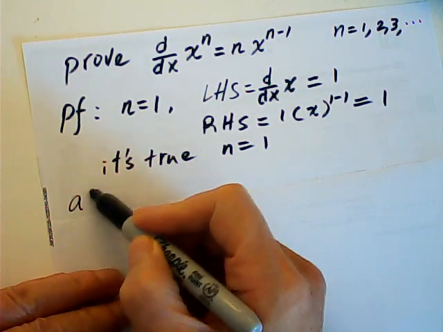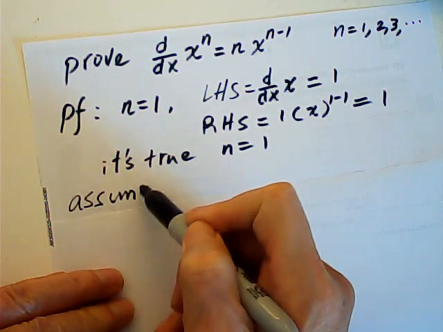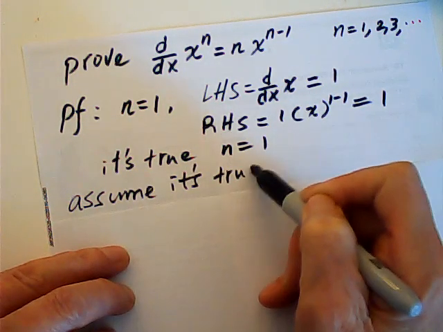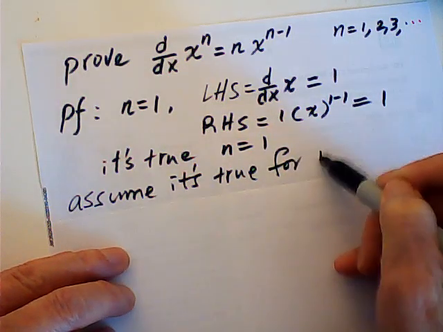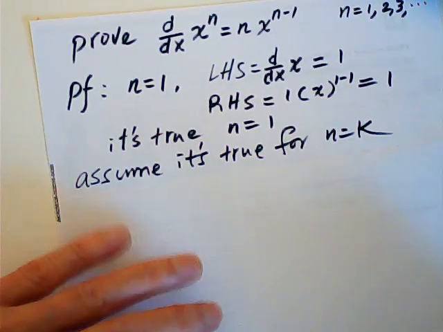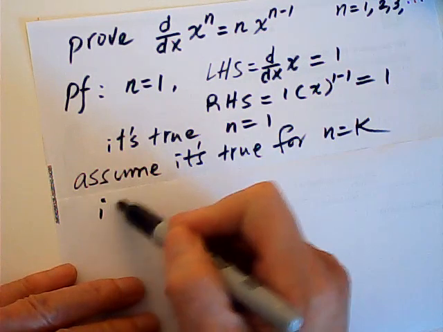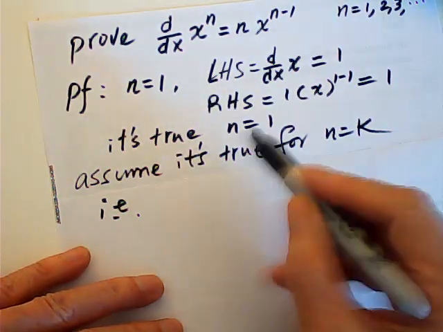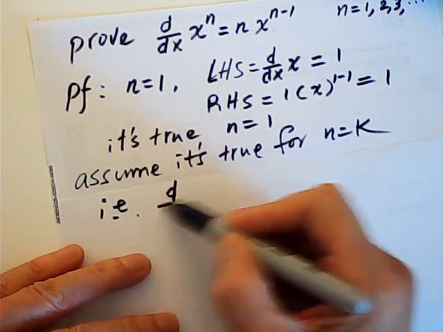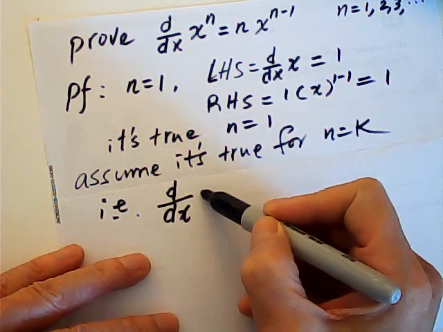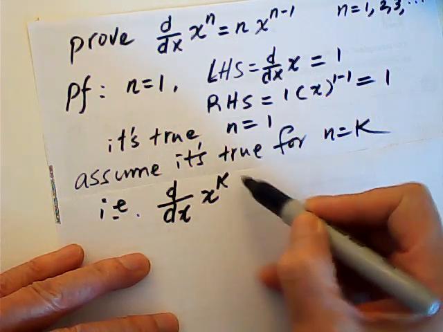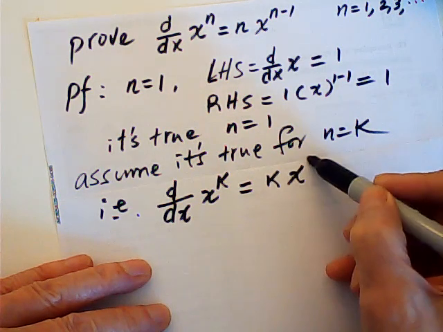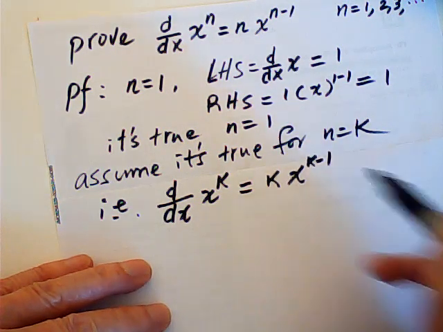Then assume it is true for n equal to k. Namely, the derivative of x to the power of k is equal to k times x to the power of k minus 1.